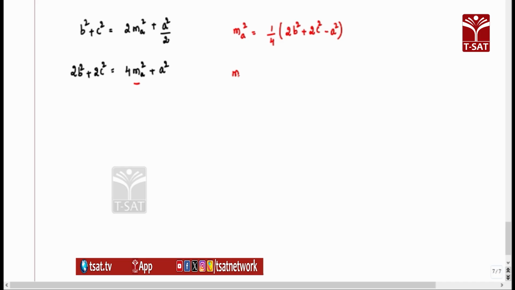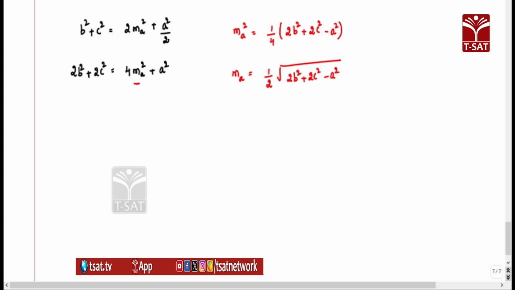So the median with respect to side a is 1/2 under root of 2 into b square plus 2 into c square minus a square. This is the length of the median with respect to side a.